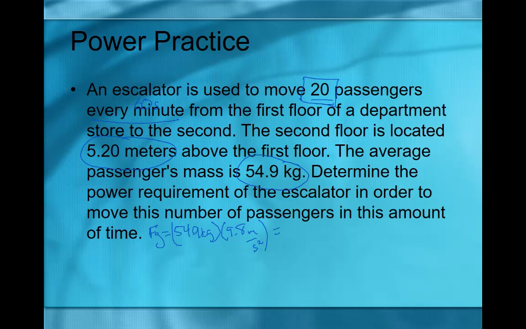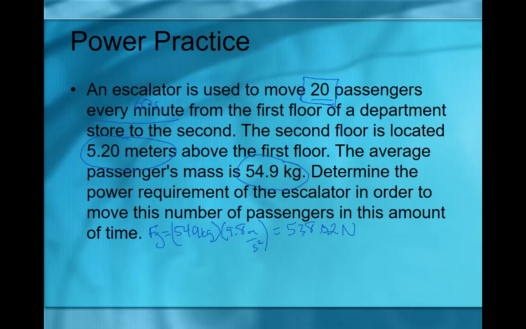So 54.9 times 9.8 is going to give us 538.02 newtons. All right, so that's the force required for one person.